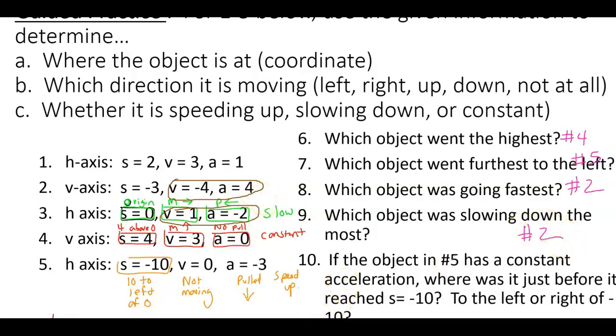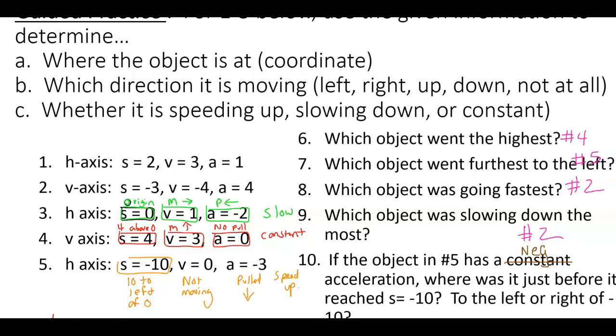Now for number 10, like I said, I think it was just badly worded. I think I meant to put if the object in number 5 has a negative acceleration, which is what it does have, where was this object just before it reached s equals -10? Well, the answer to that would have to be above.